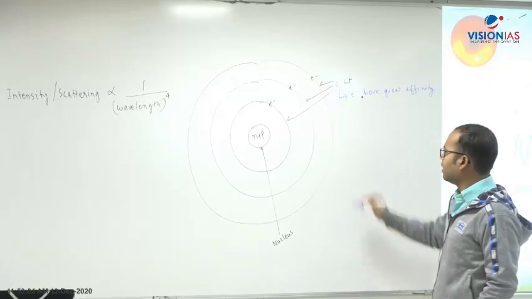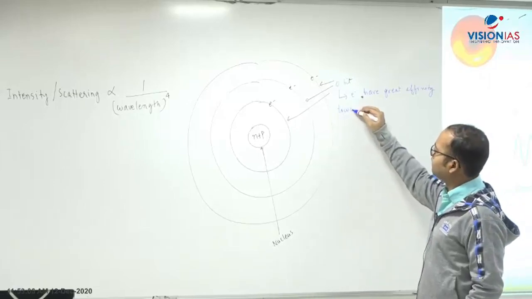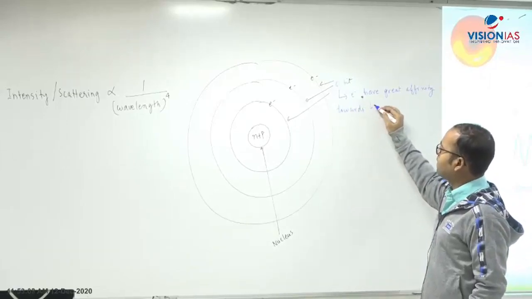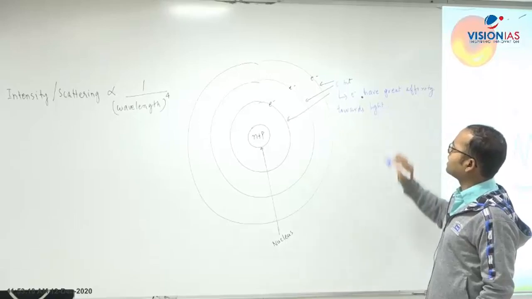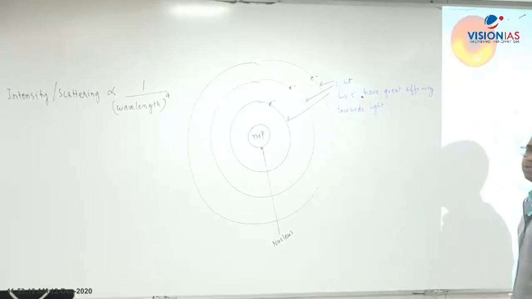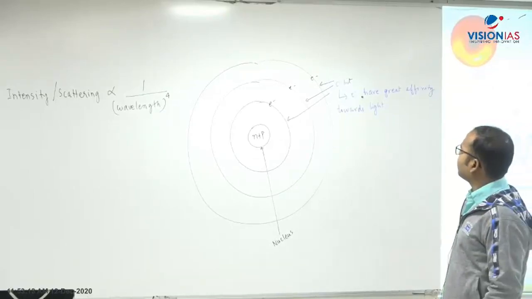Great affinity towards light. In cosmic physics, everywhere I am going to use this concept, and you will also use it. Remember this concept: electrons have great affinity towards light.